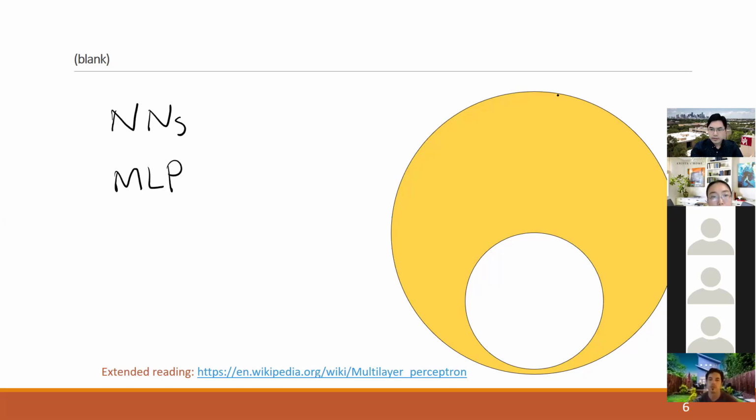And there's a larger circle, there's a smaller circle. One refers to one of these, the other refers to the other of these. Which one do you think is neural networks, and which one do you think is a multi-layer perceptron model?